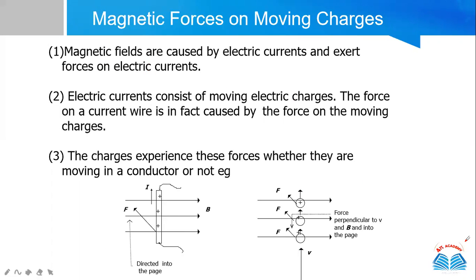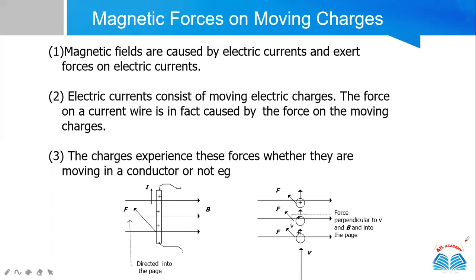Now, how can we calculate magnetic forces on moving charges, what types of mathematical calculations we have to do, and which formulas we will use, we'll study now. So magnetic fields are caused by electric currents and exert forces on electric currents. Yes, we know this. And electric current consists of moving electric charges.